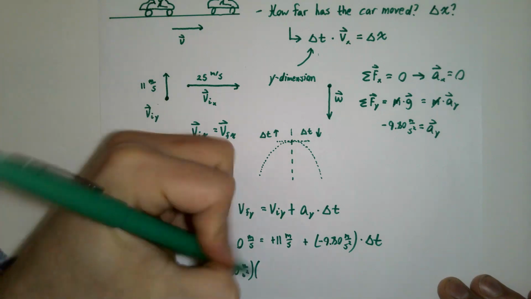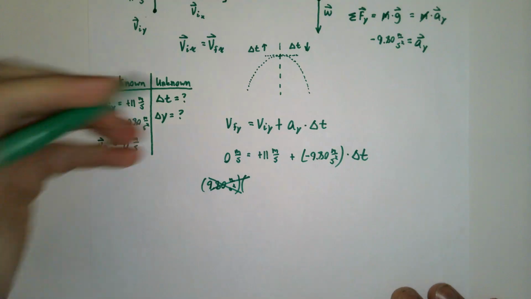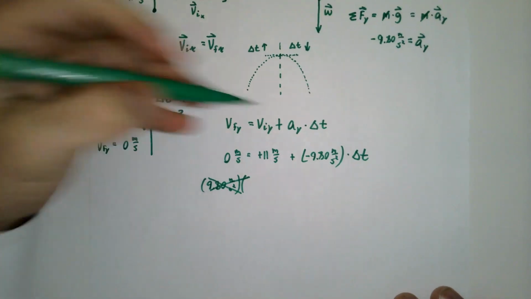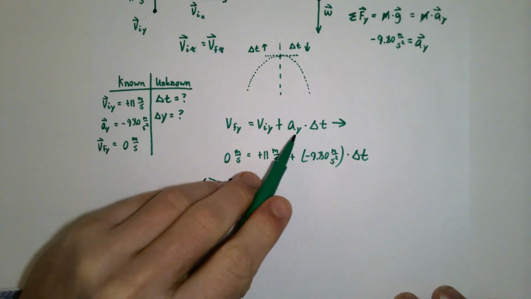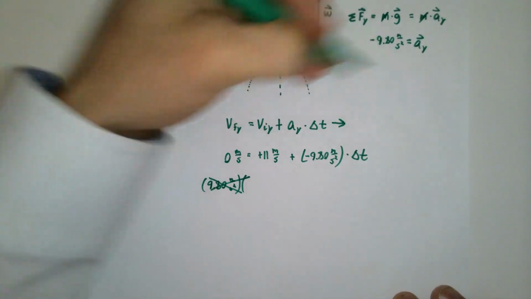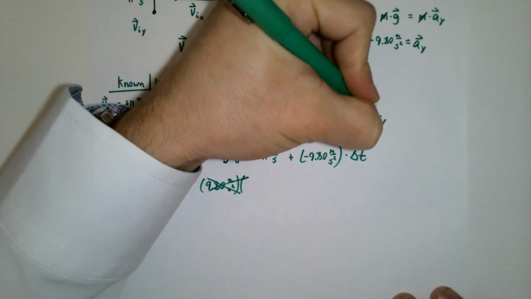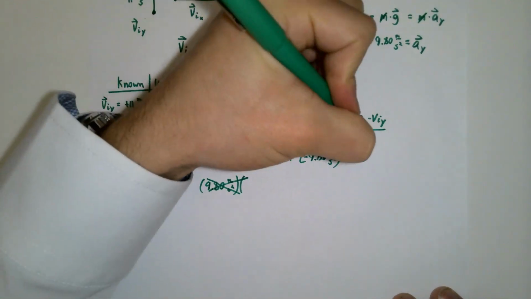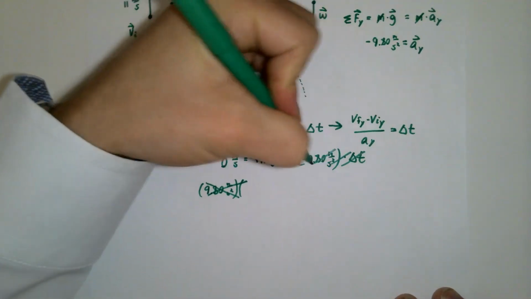Oh, I'm sorry, that is a mistake. If we rearrange this equation, what I should have started here is rearrange this equation here. So to solve for time, I would replace initial velocity with final velocity. Algebraically solve this equation and then divide by acceleration in y. That's much better. That's a much better way of solving it, at least from my perspective.